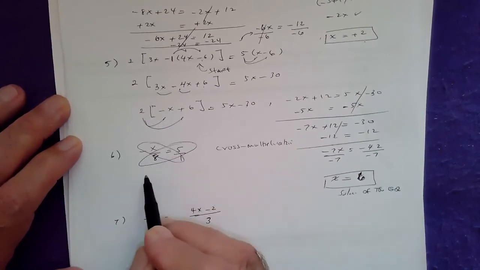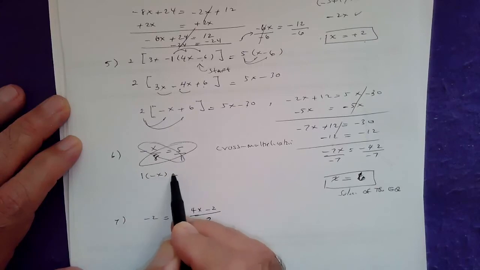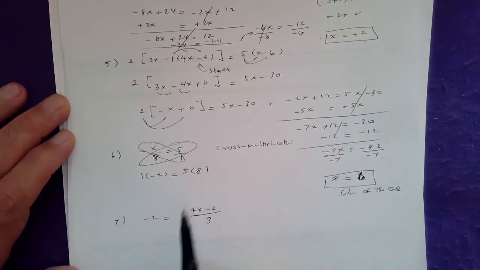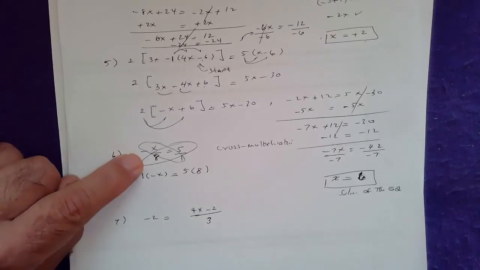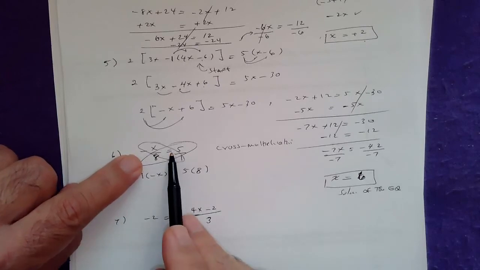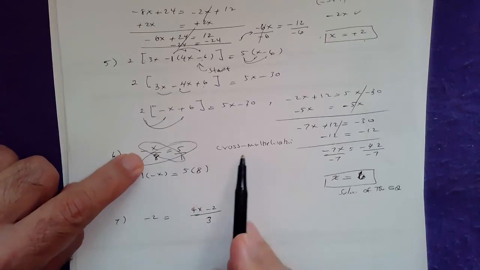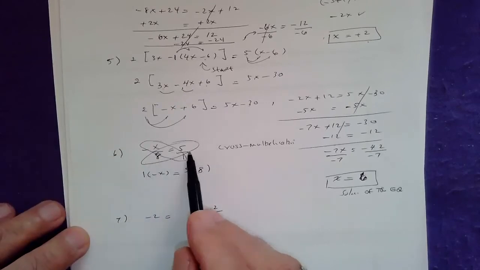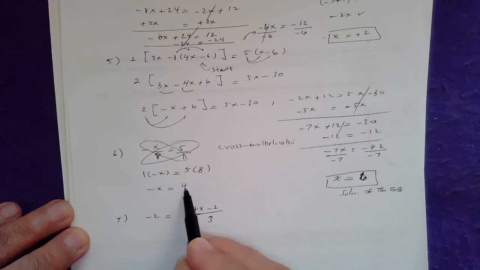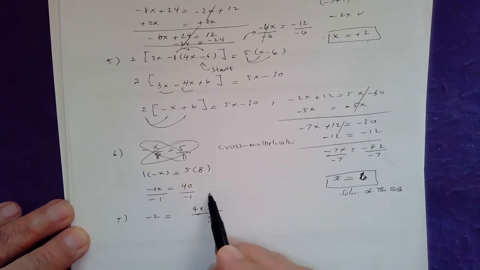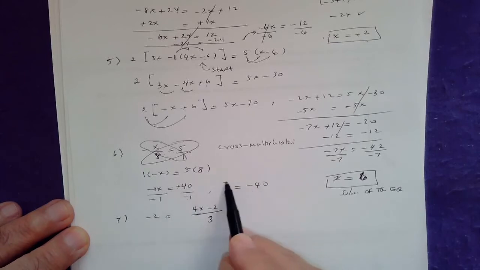So multiply 1 by negative x, set it equal to 5 times 8. No more fractions. That's how you get rid of the fractions in any equation. Remember, you have to have an equal sign to do this, provided you have a single fraction on either side. So this is negative x equals 40. Divide both sides by negative 1, which you don't see. So the solution is negative 40, because positive over negative is negative.